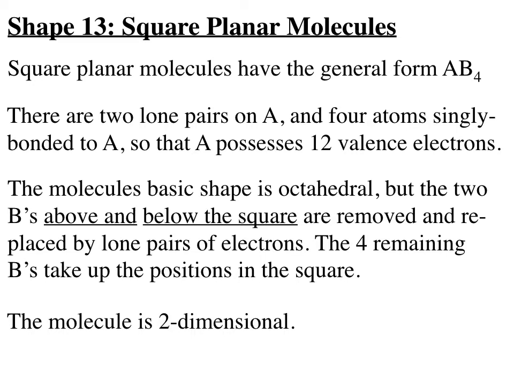So the best way of thinking of it is to take my beginning octahedron, leave all the equatorial B's alone and place the non-bonding electrons at the B positions that were axial in the octahedron. So the remaining 4 are in the equatorial positions, 90 degrees apart from one another. They form a square, and all 4 of these atoms can lie flat on the same plane. So this is square planar.